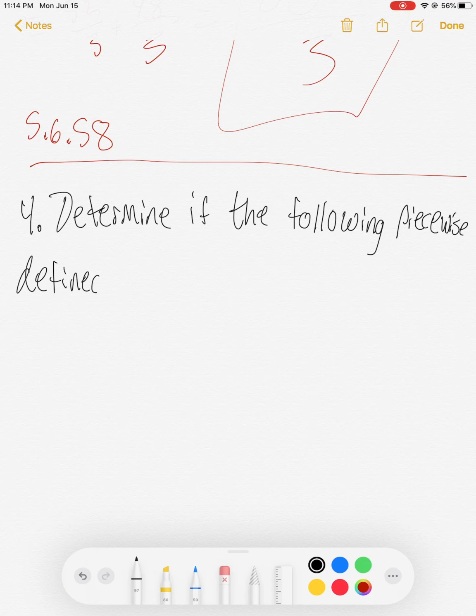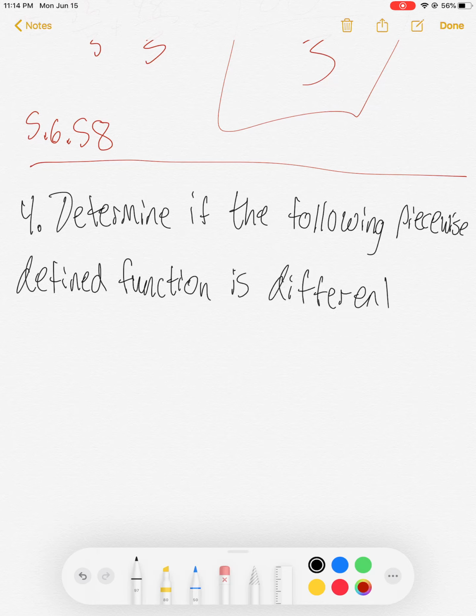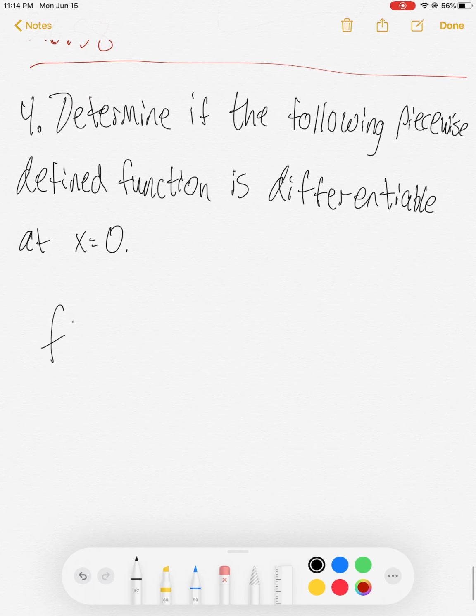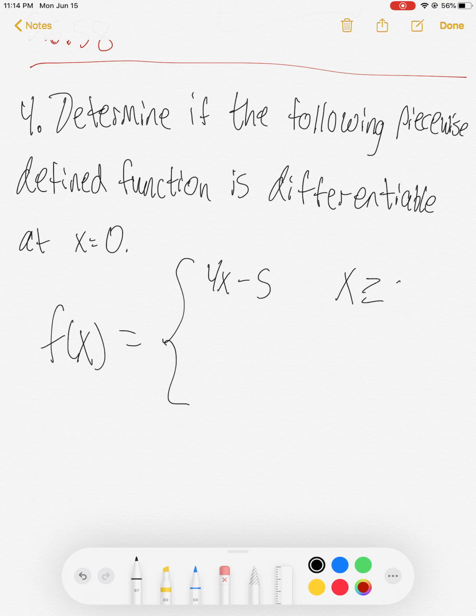Okay, so what are we on? Problem 4. Problem 4 says determine if the following piecewise defined function is differentiable at x equals 0.